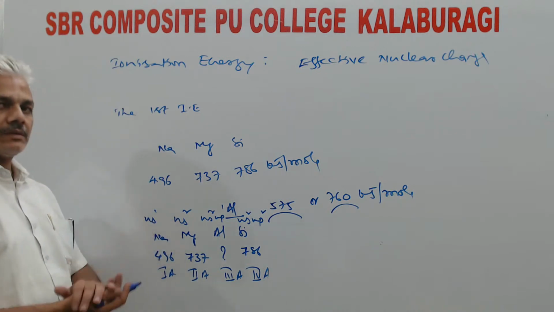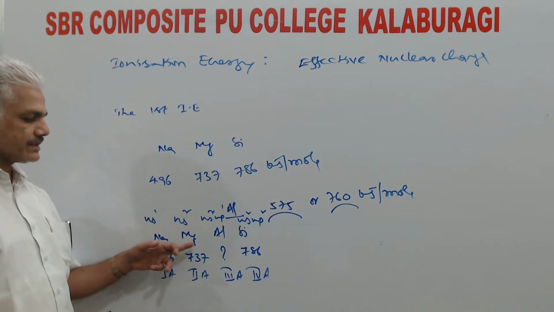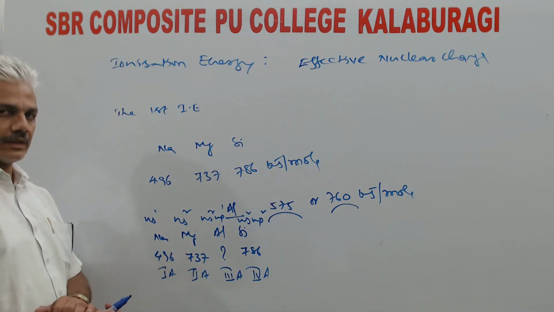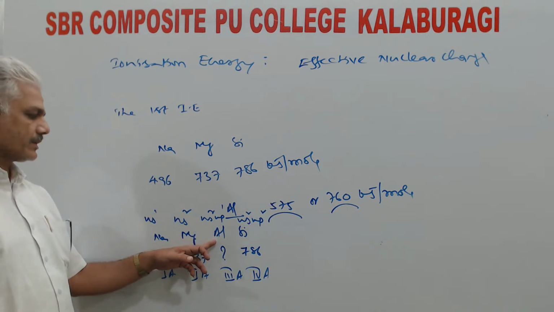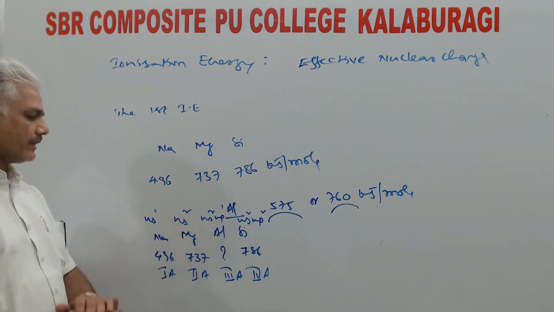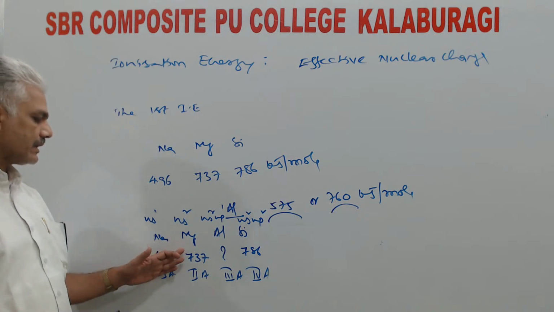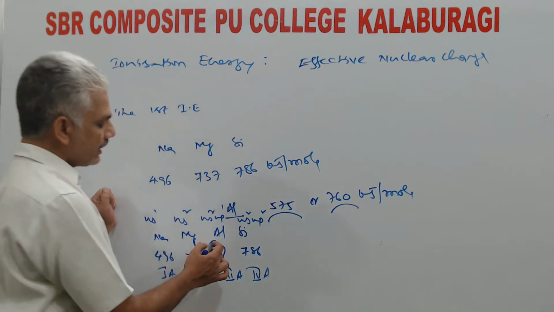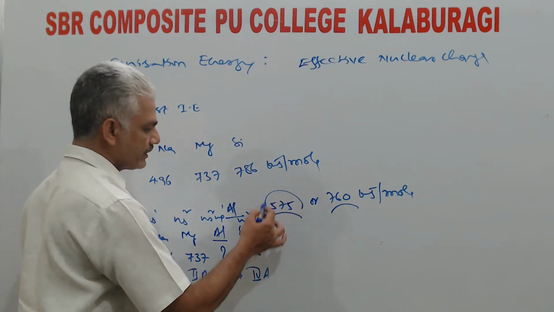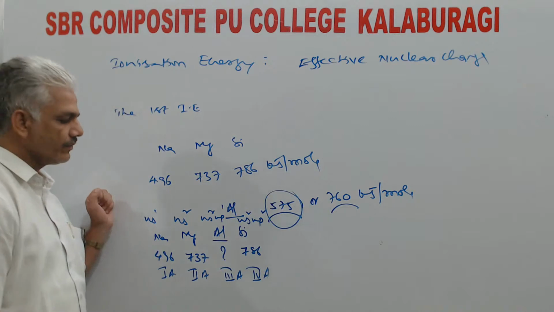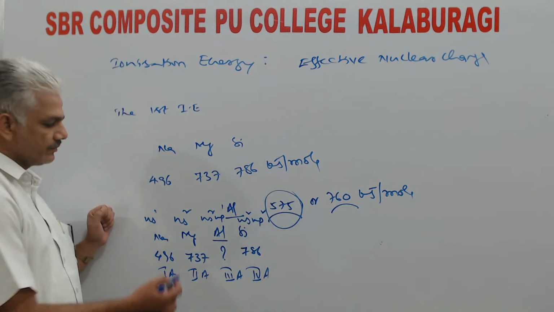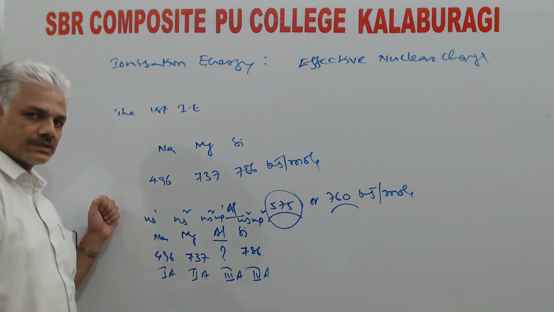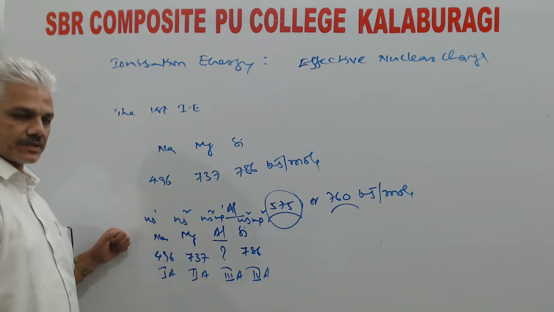Magnesium, because of stable electronic configuration, has a somewhat abnormally high first ionization energy. And aluminum should have ionization energy less than magnesium. Therefore, the first ionization energy of aluminum must be nearer to 575 kilojoules per mole. Because of the stable electronic configuration, the order of ionization energy values is slightly changed.